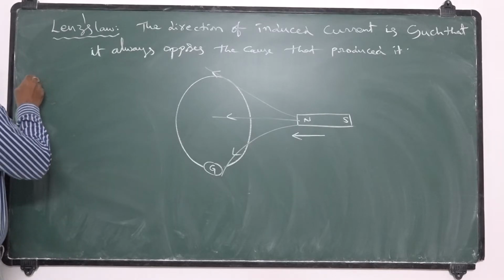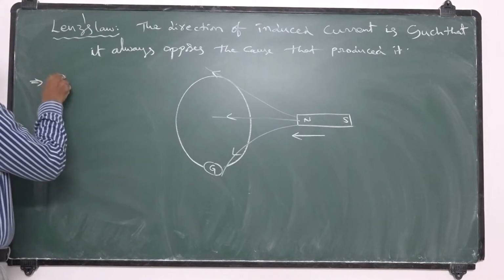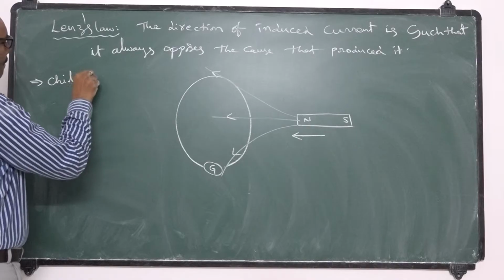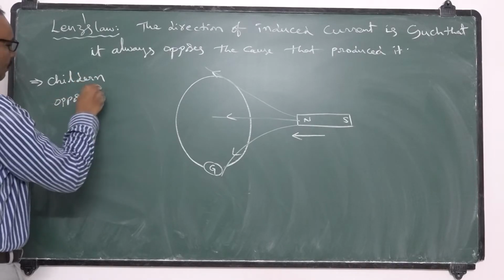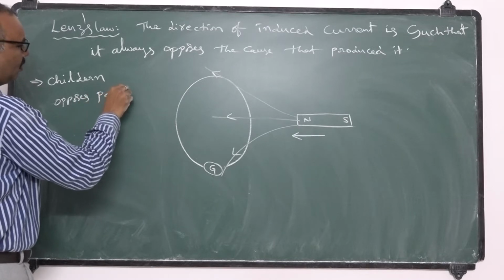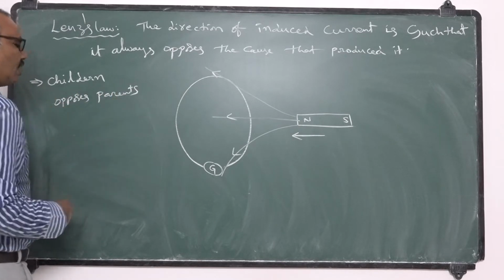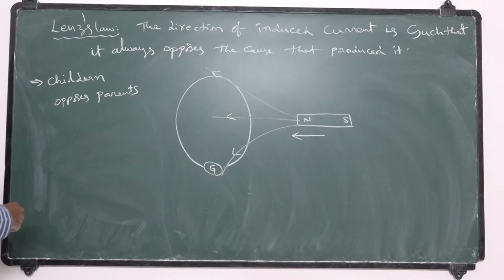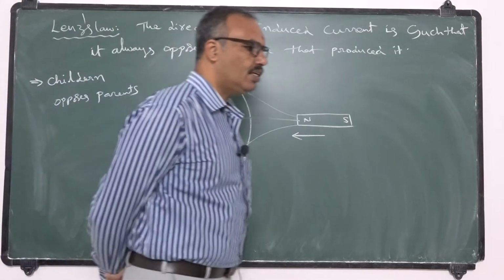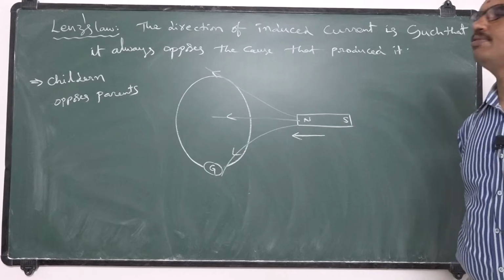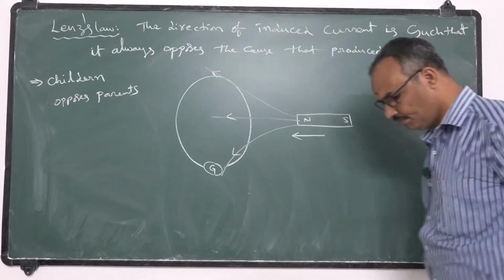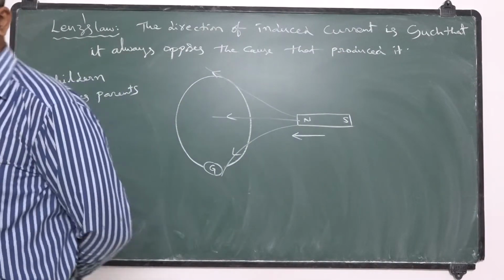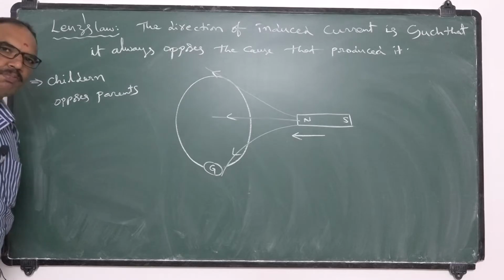So we have a general idiom: children oppose parents. We got everything from our parents, but most of the time we oppose the decisions taken by our parents. That means we are opposing the cause that produced it.